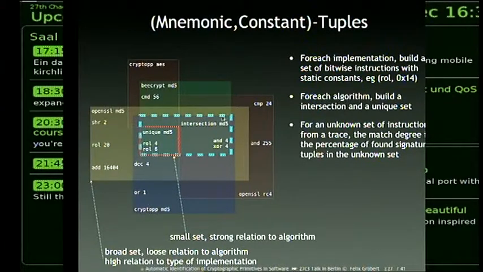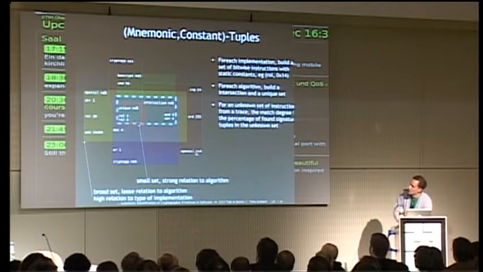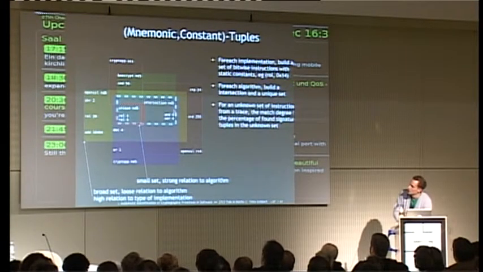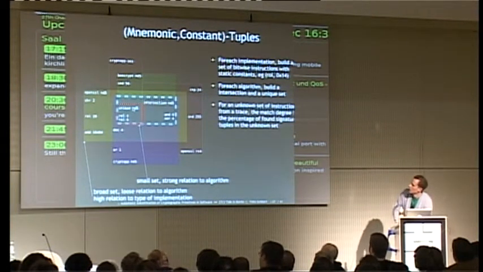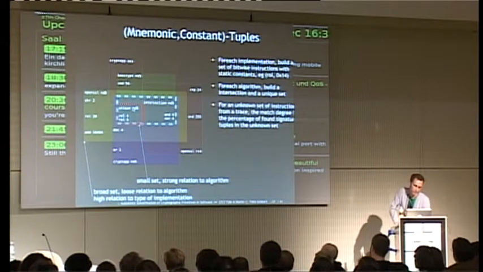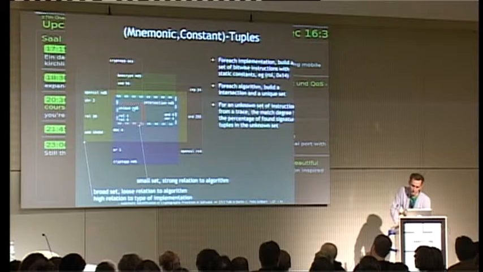So this is one set which can be used to identify MD5, but there's a further set, the unique MD5 set, which is the subtraction of other implementations. For example, if you subtract the OpenSSL RC4 implementation out of the intersection set, you get the unique set. The unique set has, of course, a stronger relation to the algorithm, but is also smaller.